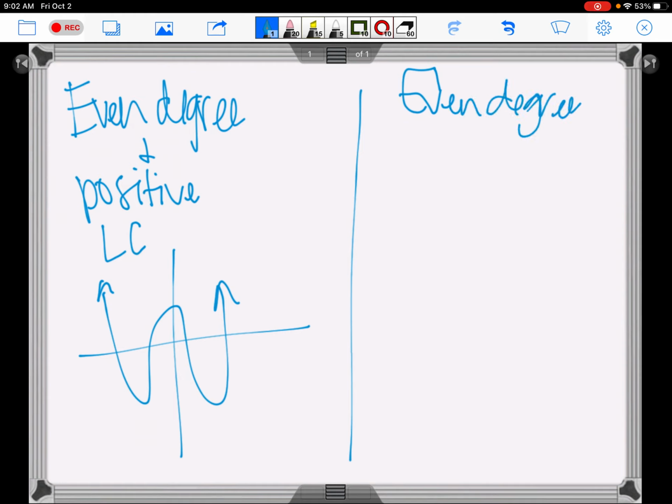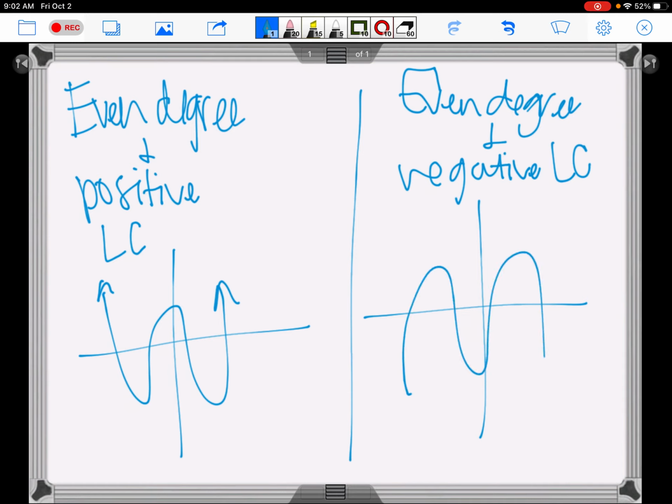If it is a negative leading coefficient, they will both point down. Okay, both point down. Now, you will need to use this for almost every problem on this quiz.